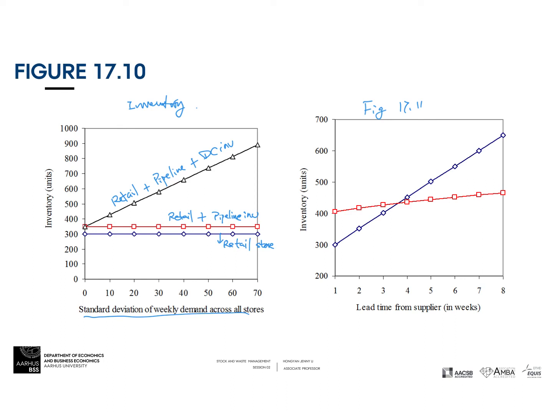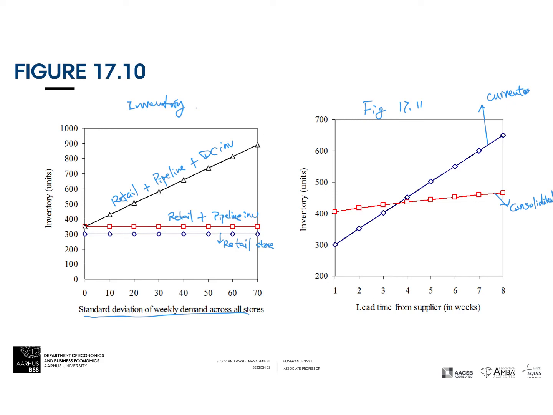So on the right hand, we have the figure 17.11. So these are the different curves. We have this original blue curve from the current system, or we see the direct delivery from supplier to the stores. And then the red lines actually is the consolidated, or proposed inventory system.